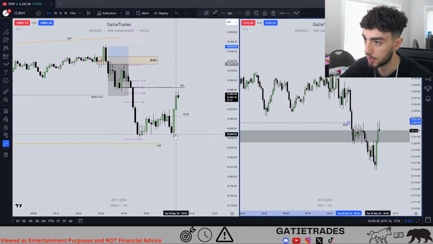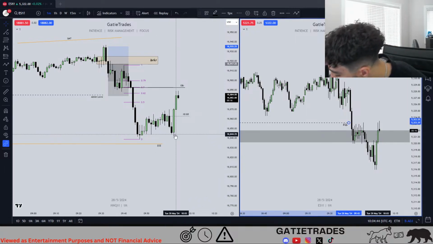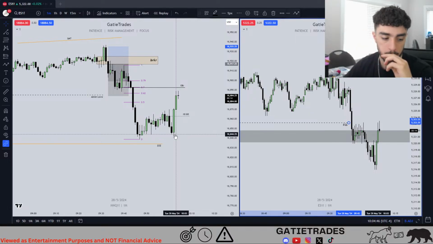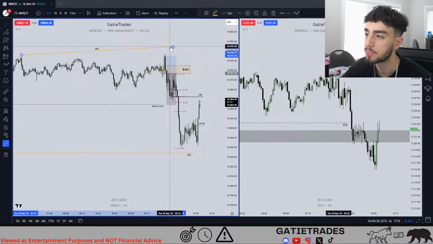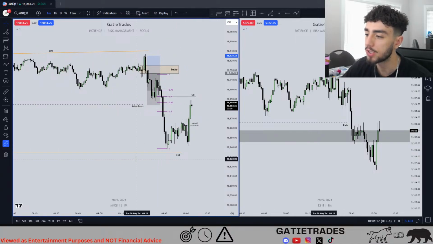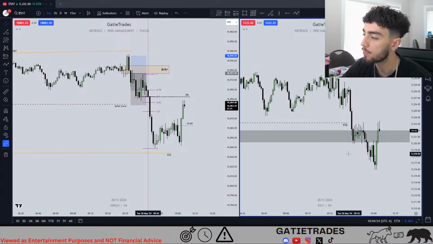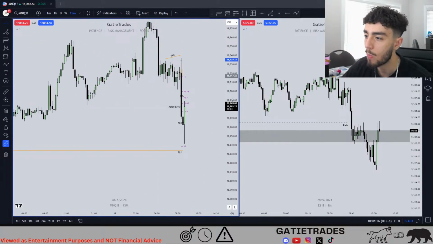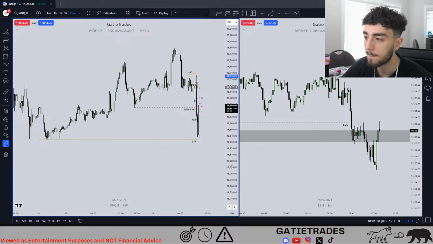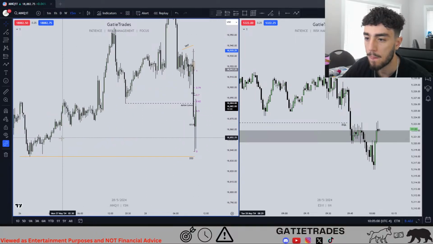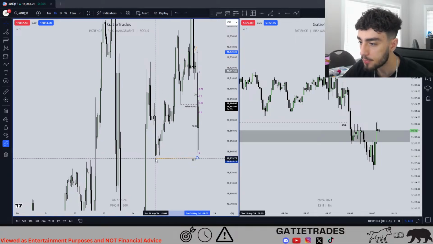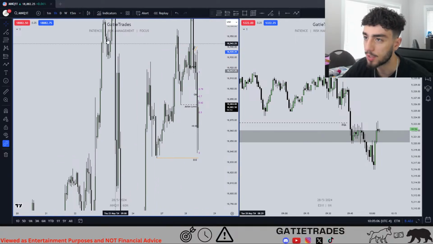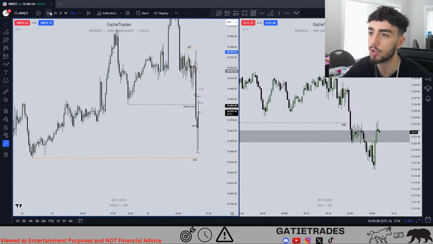There is SMT at the lows there, but it doesn't really matter. There's also SMT right here. This SMT is only valid if you're bullish. I think we just came way too close for it to not continue lower.